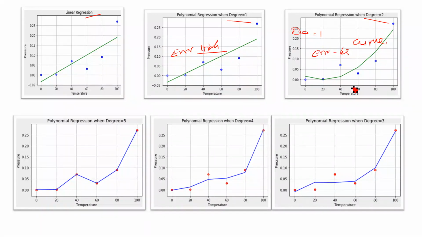When the degree increases from 2 to 3, the curve passes near the data points and the error is very low compared to degree 2.